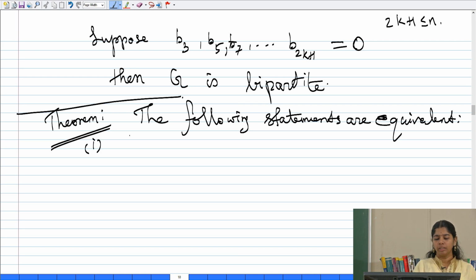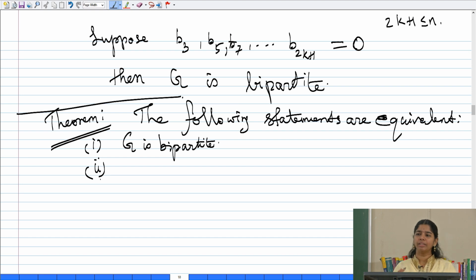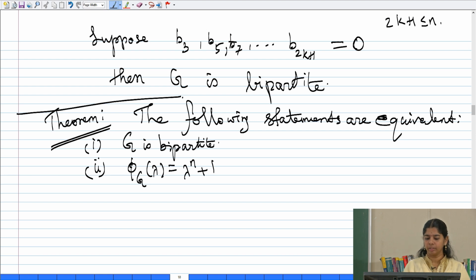So, one is G is bipartite. Two, if we look at the characteristic polynomial, what we have recently seen, the characteristic polynomial phi_G of lambda written in this fashion: lambda^n plus b1 lambda^(n-1) plus b2 lambda^(n-2) and so on plus bn.